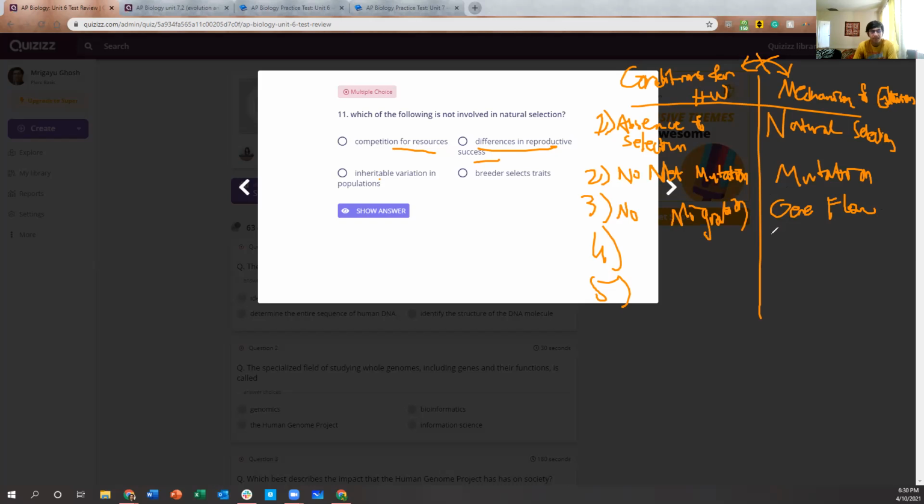There are two more we haven't gotten to yet. Similar to natural selection, there's sexual selection. Sexual selection happens because there's non-random mating. So sexual selection is the same thing as saying non-random mating.